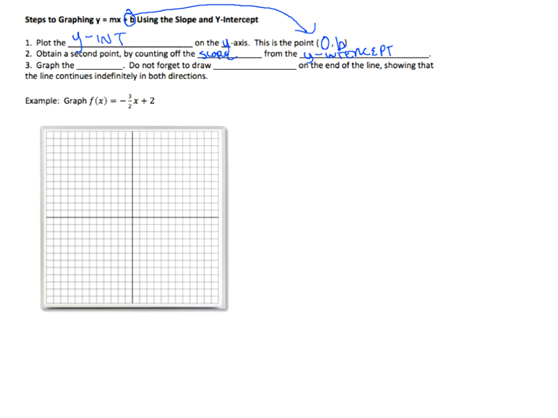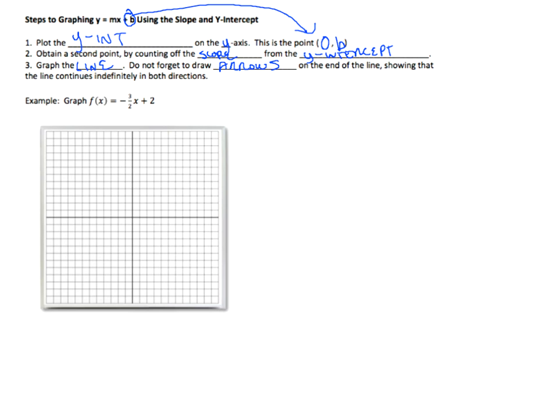You're trying to hit another point on the line, so count from your y-intercept, whatever your slope is, and then put a point. 2 points determine the line. That's all you need. Y-intercept, 1 more point, so you are ready to graph the line. Don't forget to draw arrows on the ends of the line showing that the line continues indefinitely in both directions.